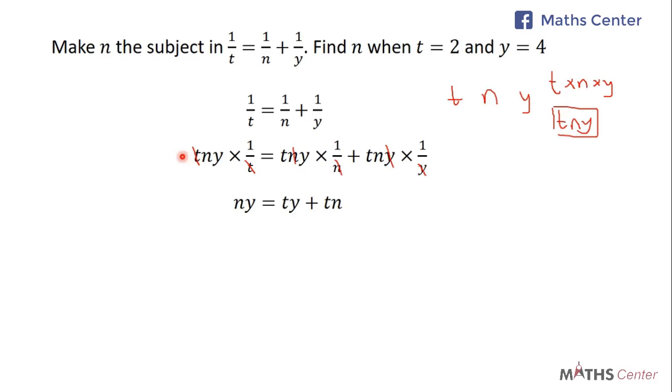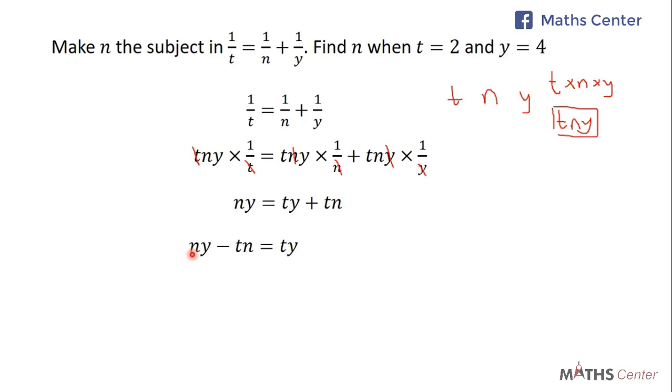So what do we do? We want to make n the subject. So we make sure that all the terms containing n are on one side of the equation. The terms containing n are ny and tn. So I'll make sure that ny and tn are on one side of the equation. Because ny is already here, I'm going to bring tn over from the right hand side to the left hand side.